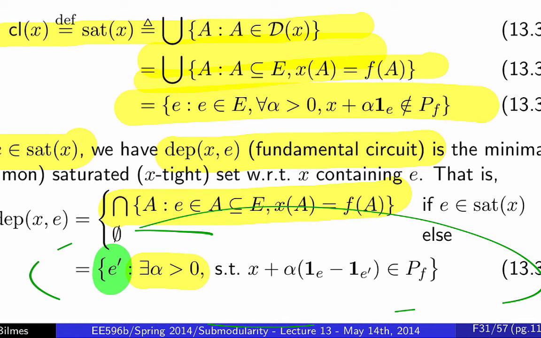In fact, it has to be strictly greater than 0, such that starting at x, if we move in the positive E direction by alpha, and we simultaneously move in the negative E prime direction by the same amount alpha, we are still in the polytope. Okay? That's what basically this says.